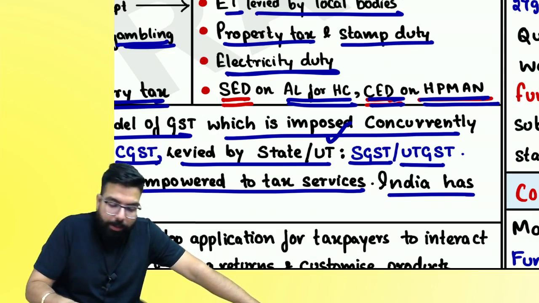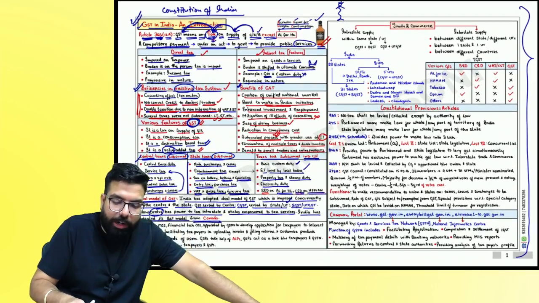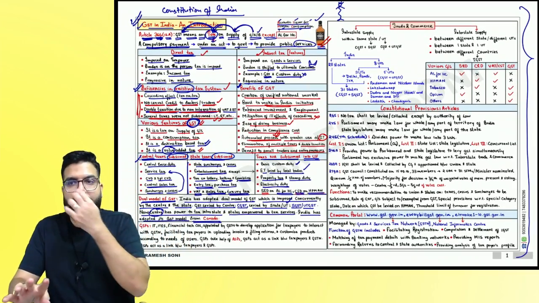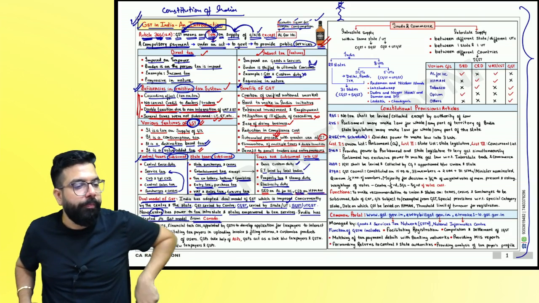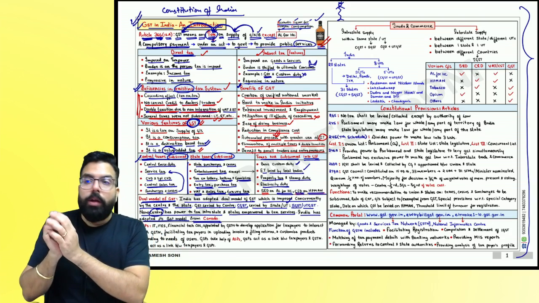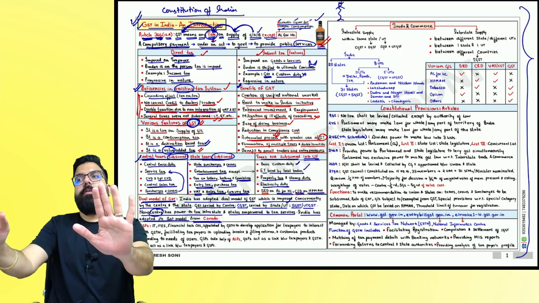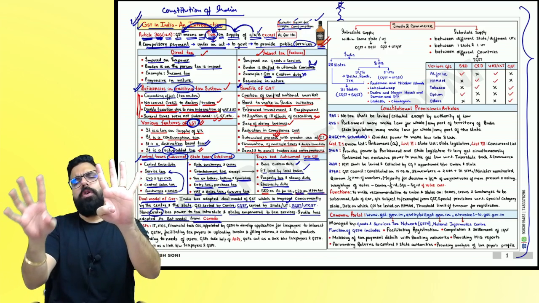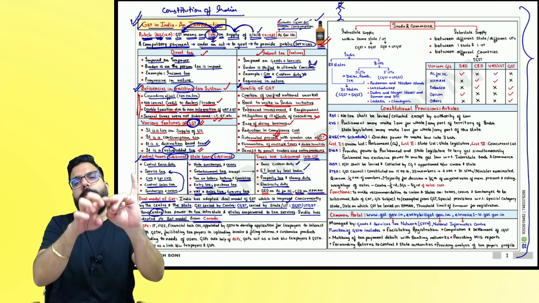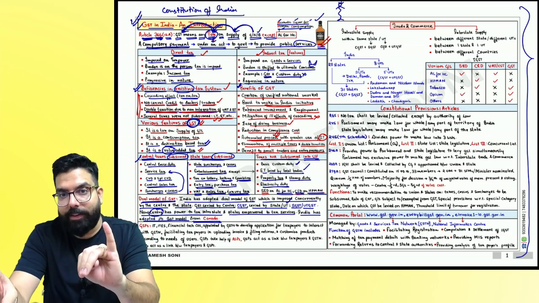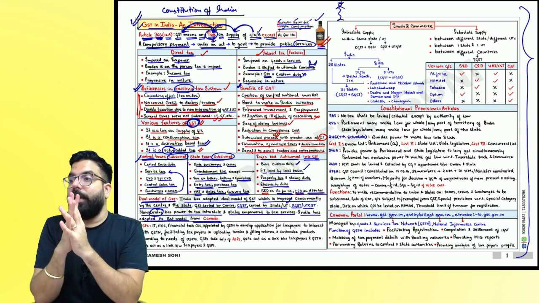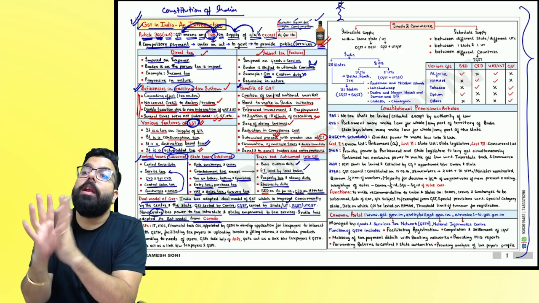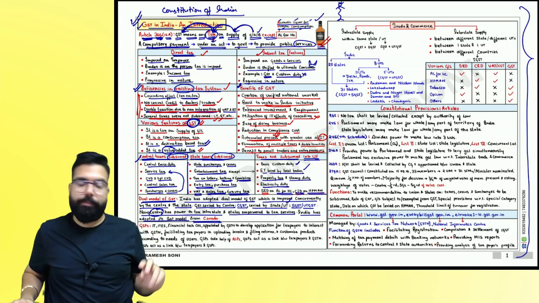Can I go ahead? People over here, what did I teach you till now? You guys have to tell me and then we'll take a break. The first thing, what did I tell you about GST? GST means any tax on goods, services, or both, whenever you supply. Except what, everyone? All liquor for human.